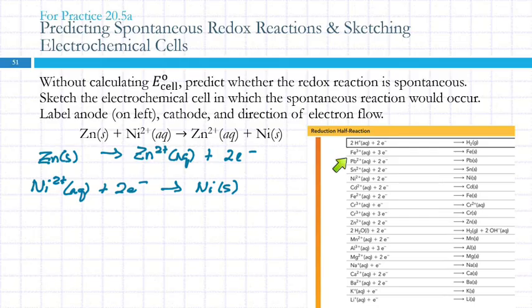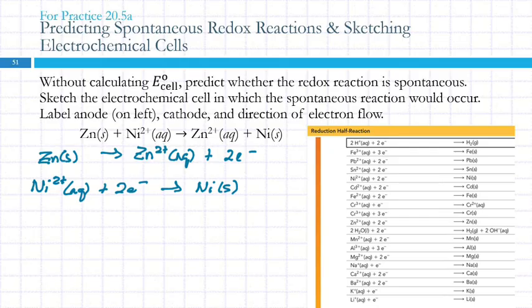Whoever is on top gets to keep their cell potential, and the one on the bottom has to reverse and go the opposite direction. And that will be a spontaneous reaction. The guy on the top is winning in priority. He's not going to switch. So the guy under has to switch.